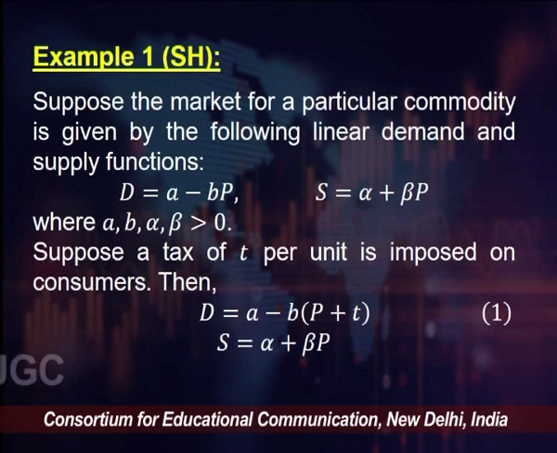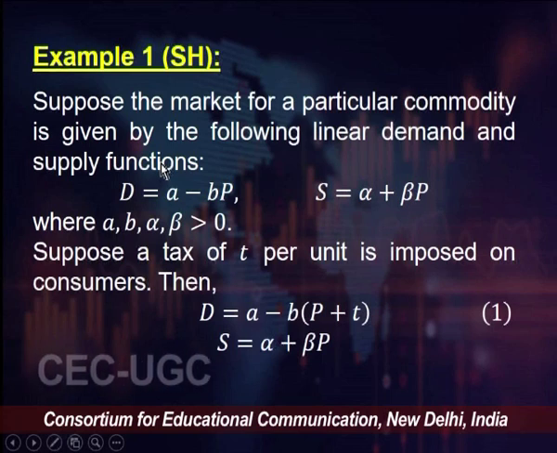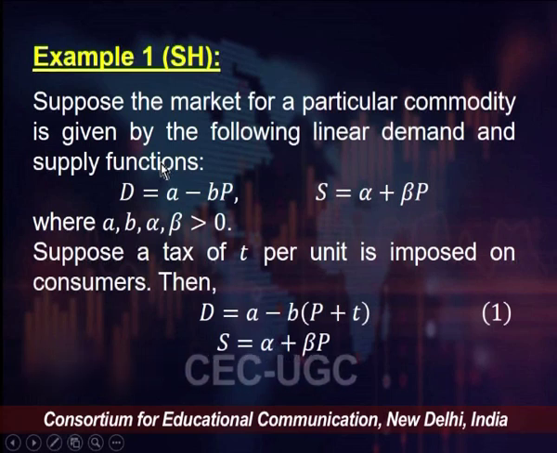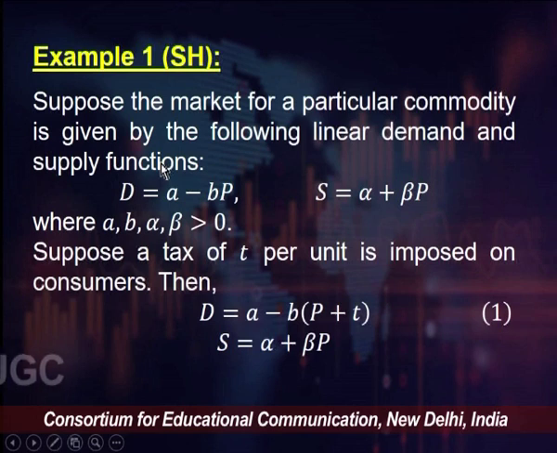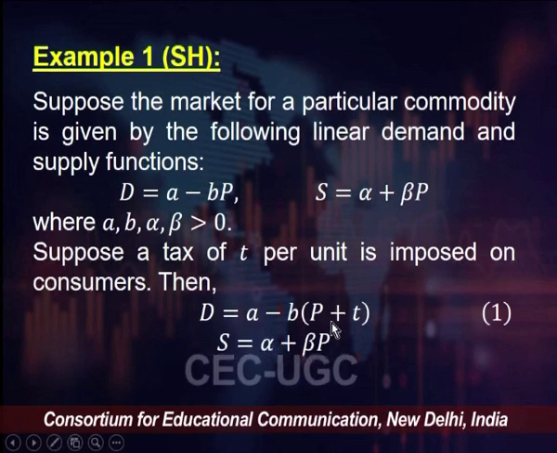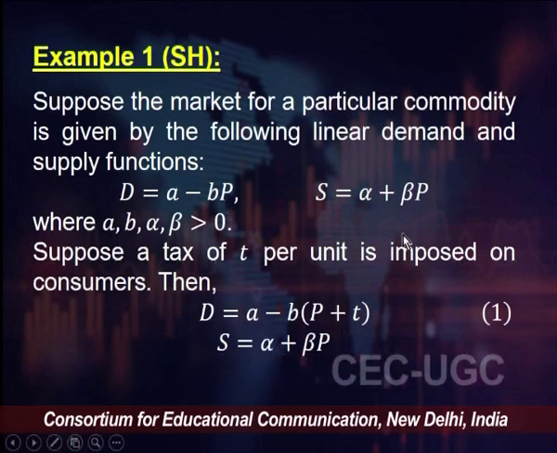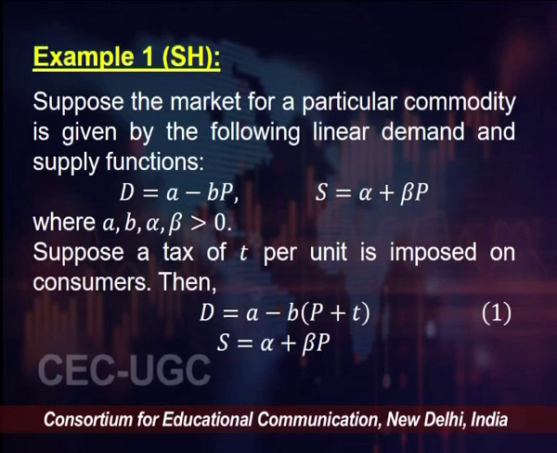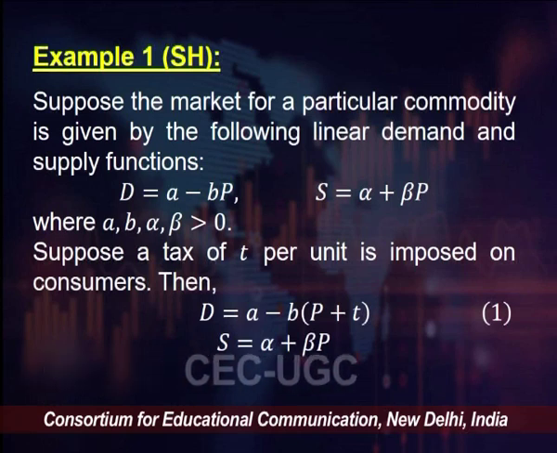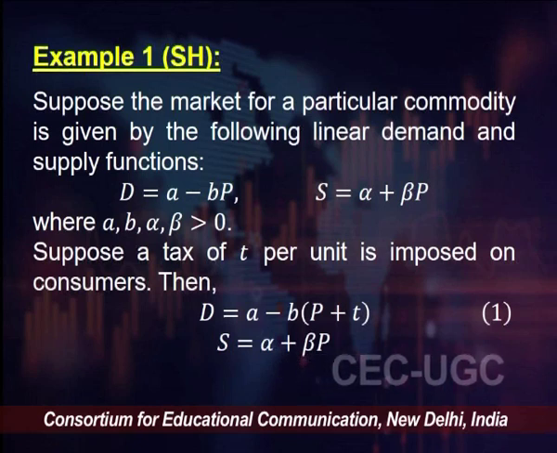The tax of T per unit will go to the government agent, and P is what he will be giving to the seller. So, P here reflects the price received by the seller, the producer, and the price which the consumer will effectively be paying is P plus T. P he will give to the seller and T he will give to the government agent.